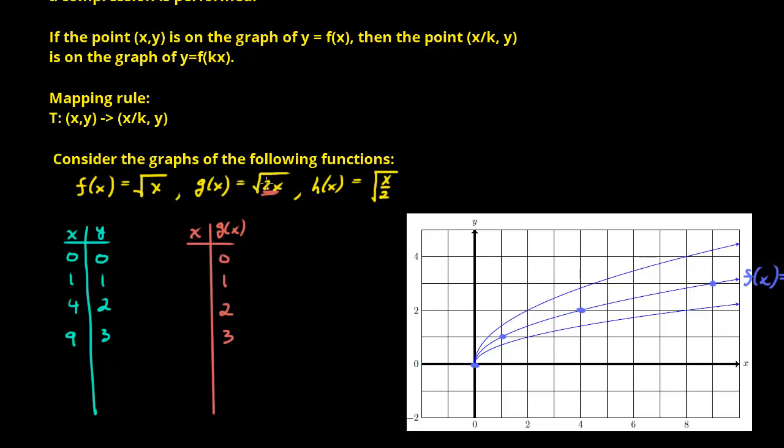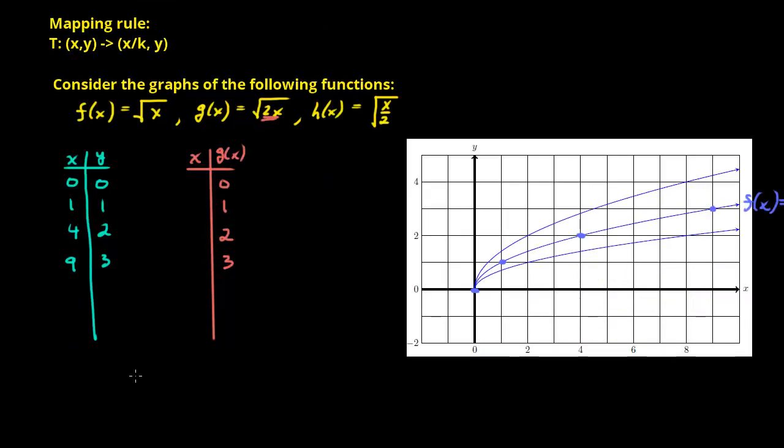So now let's think about what values of x actually give me the square root of 0. The question is, when is 2x equal to 0? Well, 2x is equal to 0 if x is equal to 0. When is 2x equal to 1? When x is equal to 1/2.